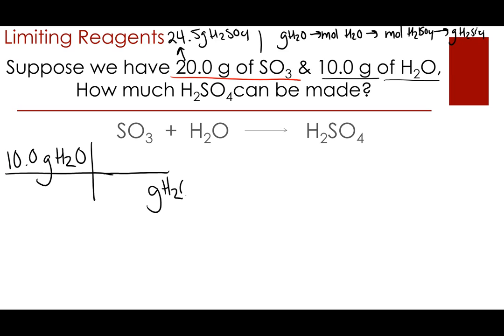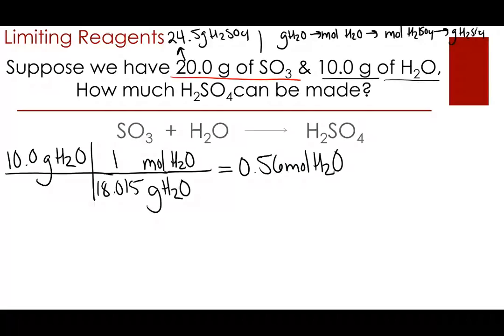So grams of water go on the bottom, moles of water on the top. So in 1 mole, we have 18.015 grams of water. Multiply across the top, divide by the bottom. And I have 0.56 moles of water. Okay.